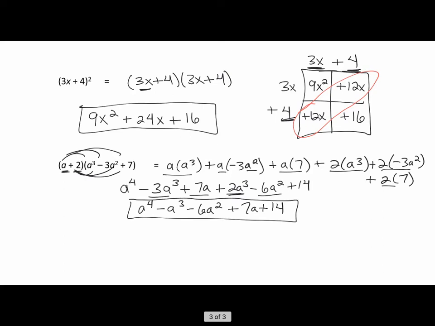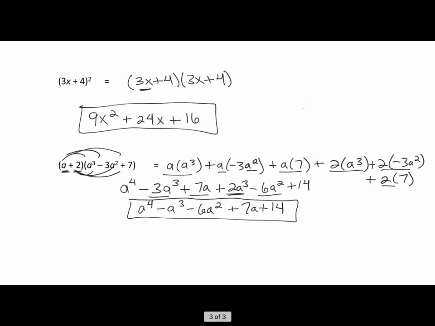So could we use the tabular method to multiply this? Yeah, we could definitely do that. Let me erase this one and we'll do it over here. Okay, so we've got an a plus 2.